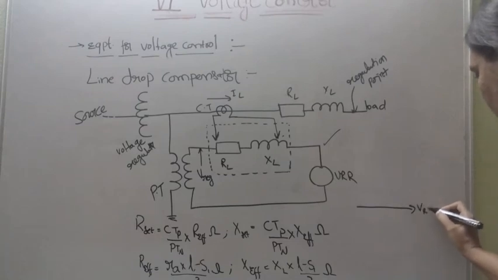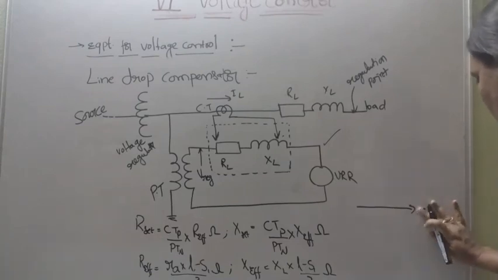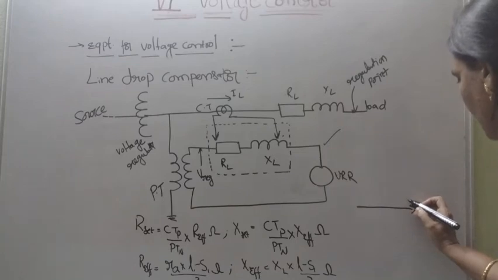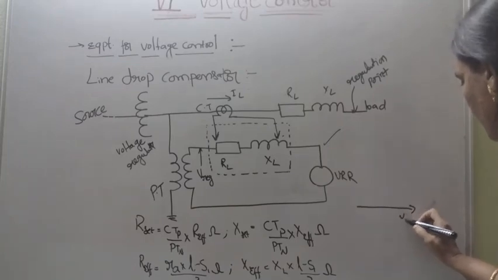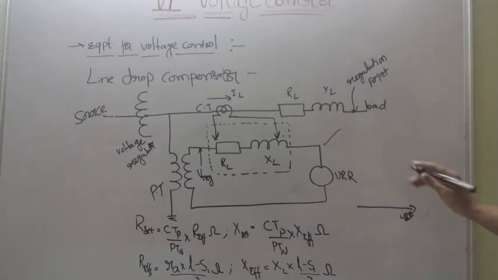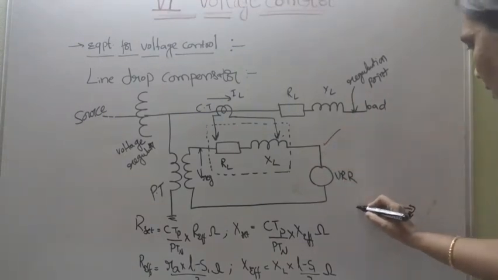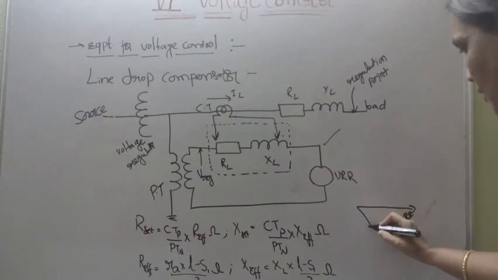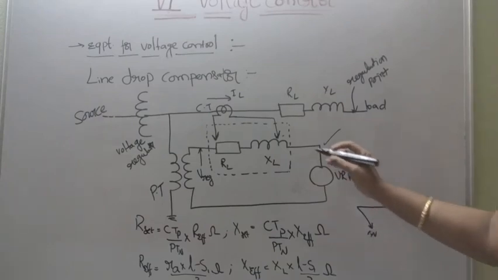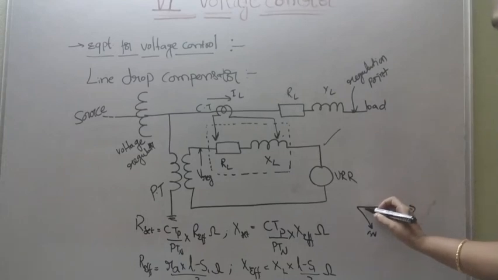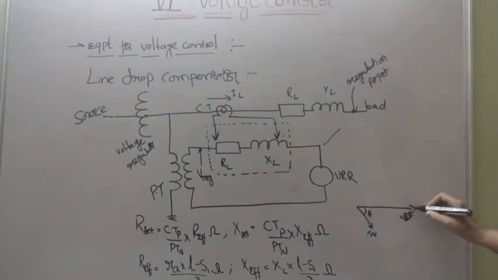VRR is the output, taken as reference, and IL is the load current with an angle of phi.